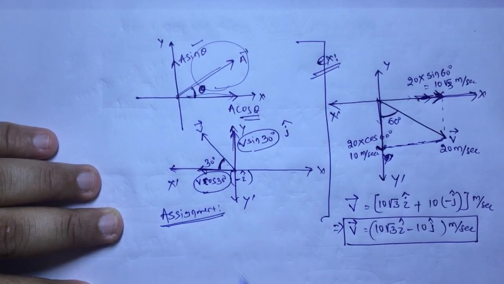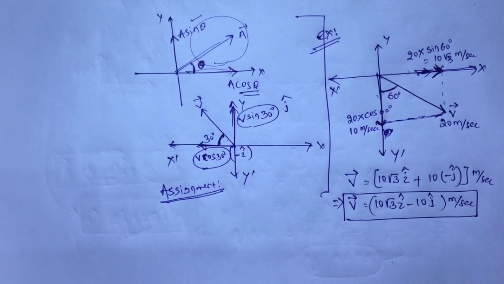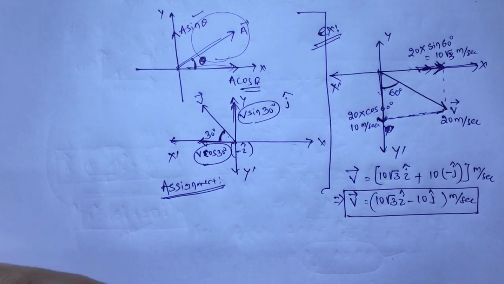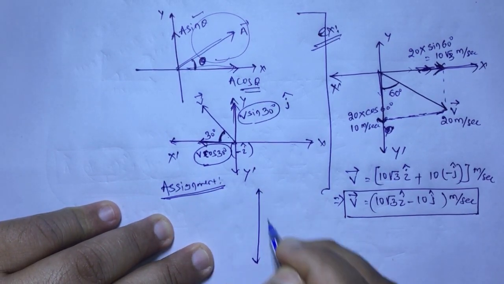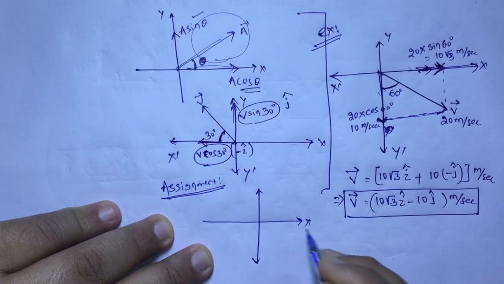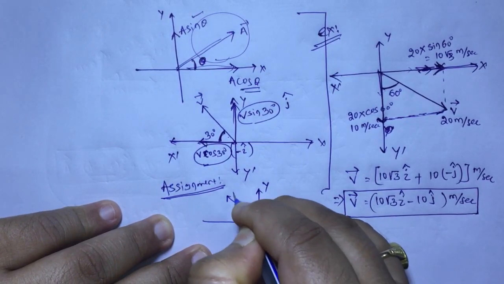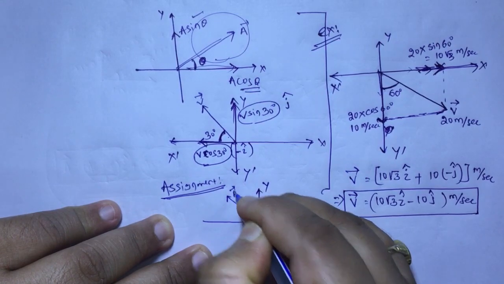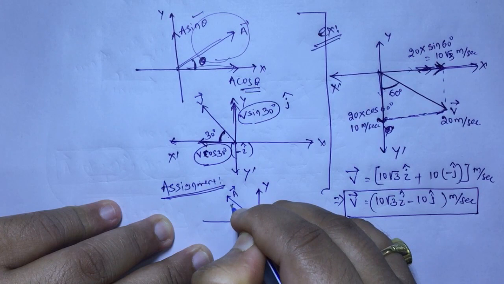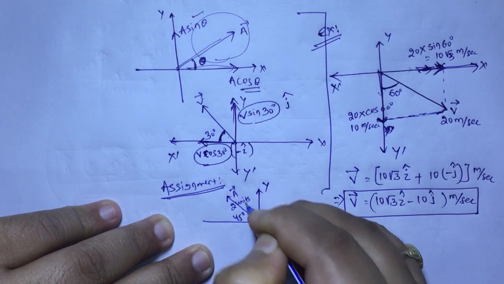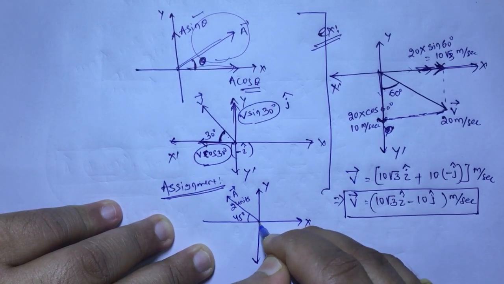The assignment is to write the mathematical form of the following a vector, b vector and c vector. Let this be the x axis, this the y axis. Your a vector is here, and this angle is 45 degree and it is of 2 units. Similarly, your b vector is here.